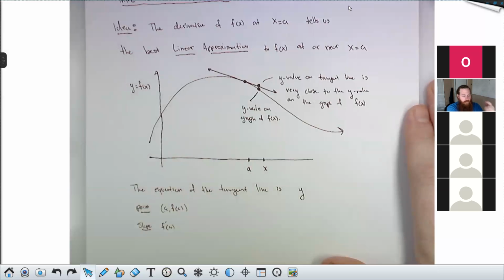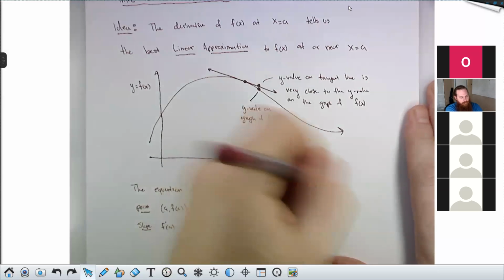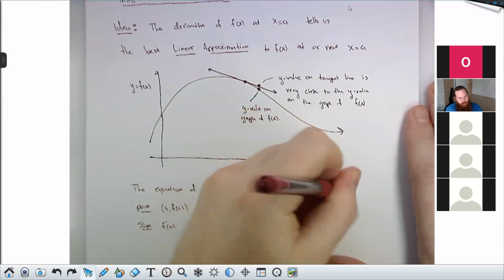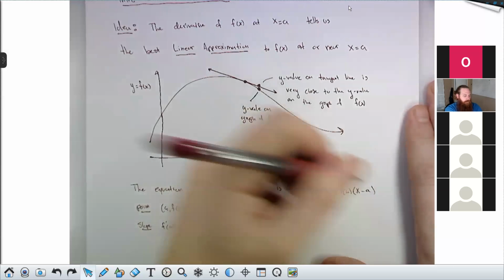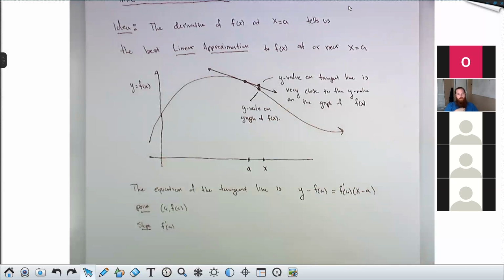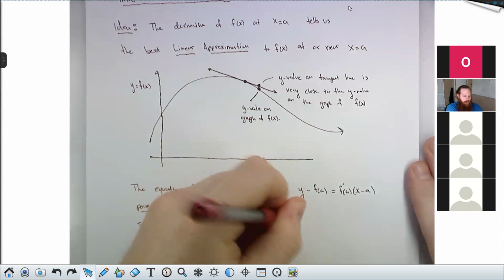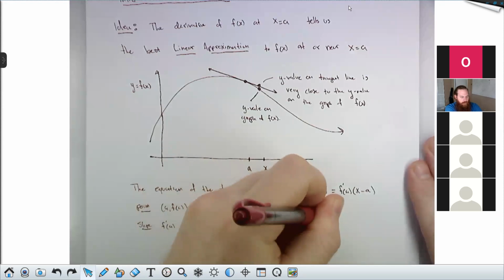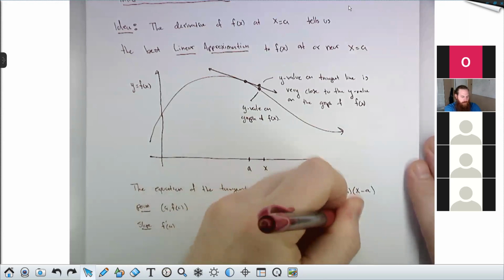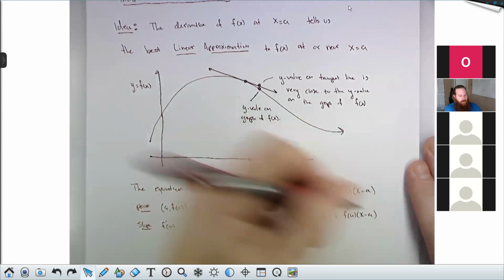So if you use your point slope formula, that's y minus f of a equals m, which is f primed of a, times x minus a. We can solve this for y, and you get y equals f of a plus f primed of a times x minus a.